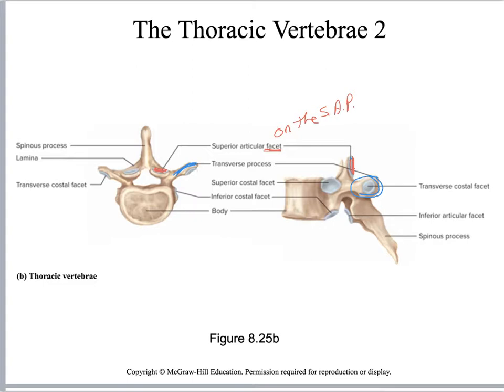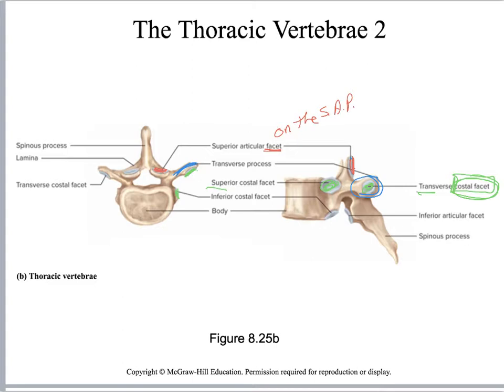Now, on the transverse process here, and here, and then here, and here, I have what are called costal facets. And you can be more specific and call it the transverse costal facet and the superior costal facet. But frankly, I'm just going to be ecstatic if you will remember it is the costal facet.